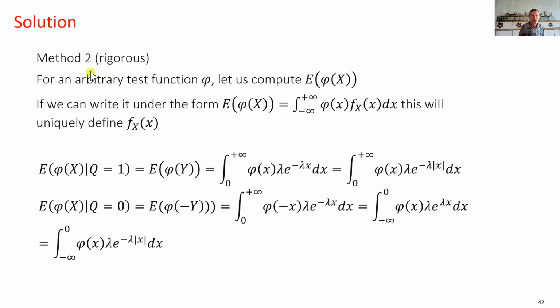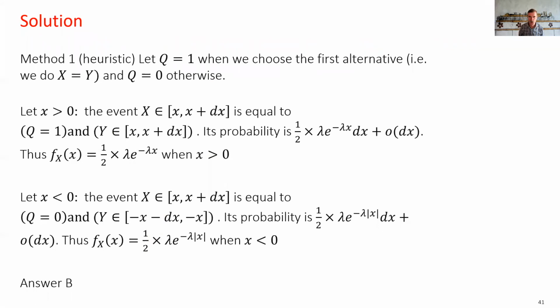Another way, which is rigorous, to compute the PDF is based on the observation of what a PDF is. Well, a PDF, interpretation one, is this one. The probability that x is in a small interval is equal to the PDF times dx.